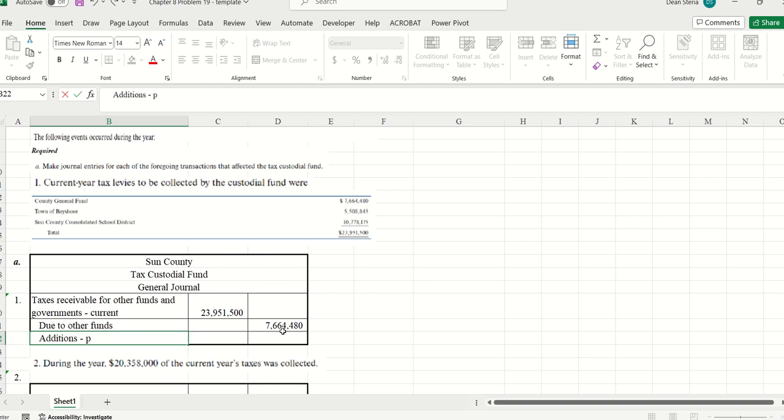Property tax collections for other governments.